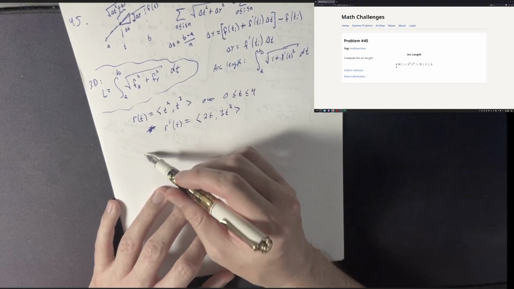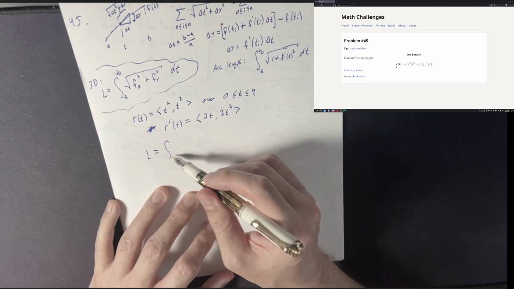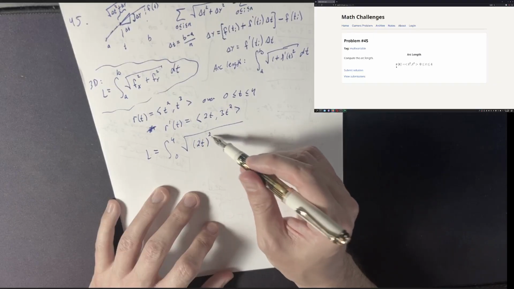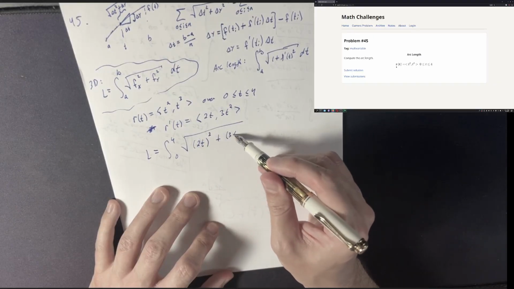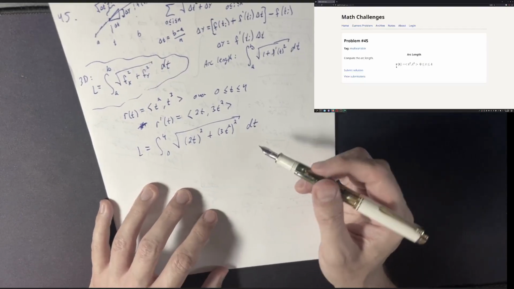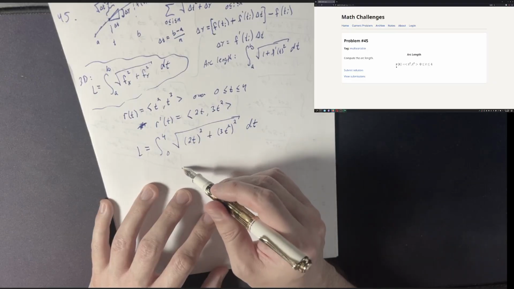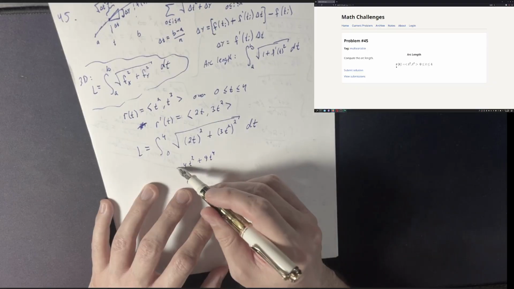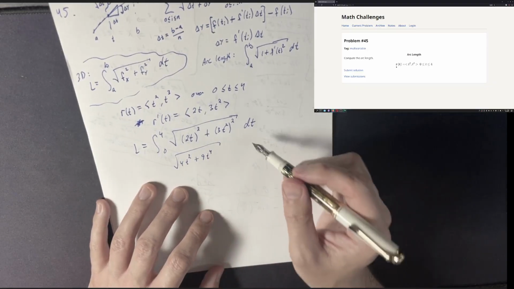So that's pretty much all we do. We're now able to say integrate from 0 to 4 square root of this derivative squared plus this derivative squared dt, whatever that works out to be. So we're getting 4t squared plus 9t to the 4 under the radical.